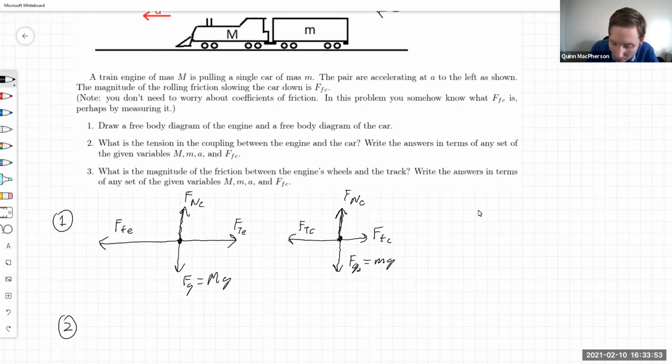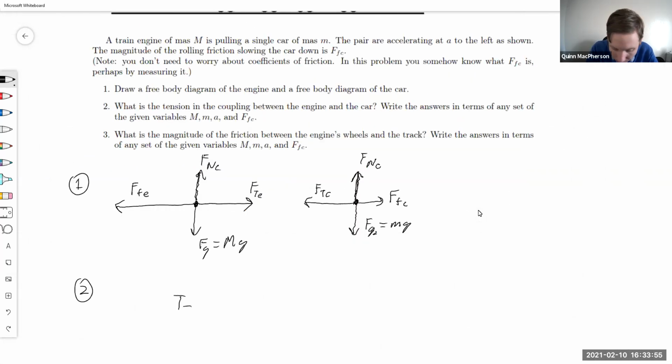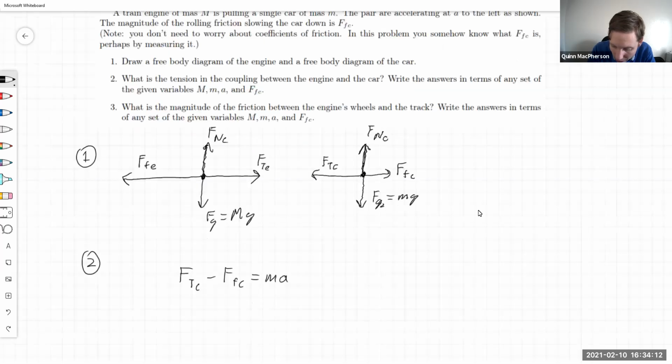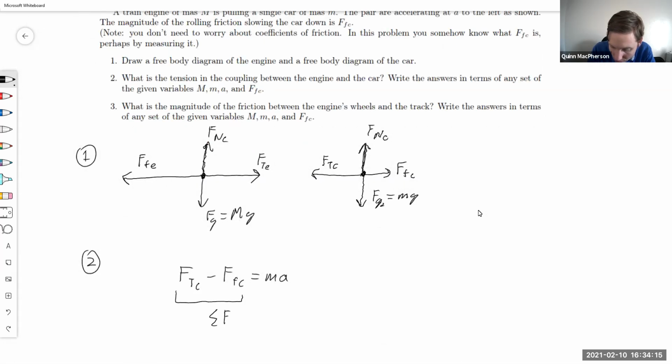I have force tension car minus force friction car is equal to mass of the car times a. That's the equation: the sum of the forces equals ma. That's Newton's law.